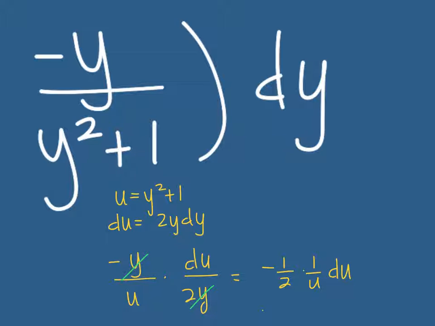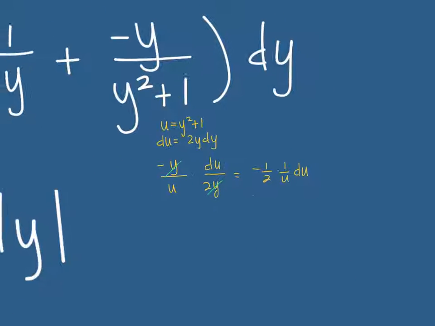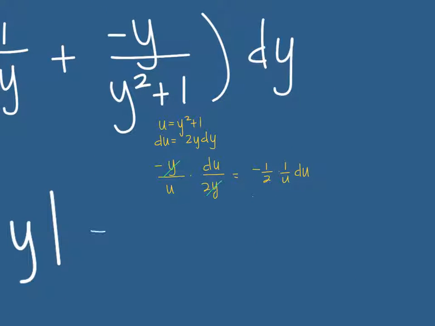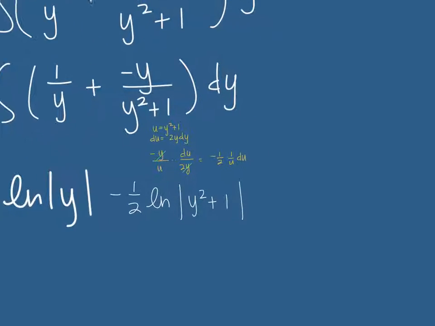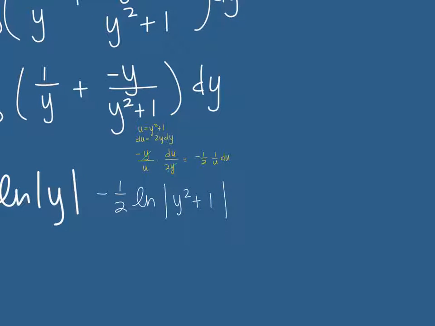You just weren't quite there. You were close. So what will the antiderivative of that be? Negative 1/2, the natural log of the absolute value of u. So then my antiderivative would be negative 1/2, the natural log of the absolute value of u, which I picked to be y squared plus 1, plus my second constant.